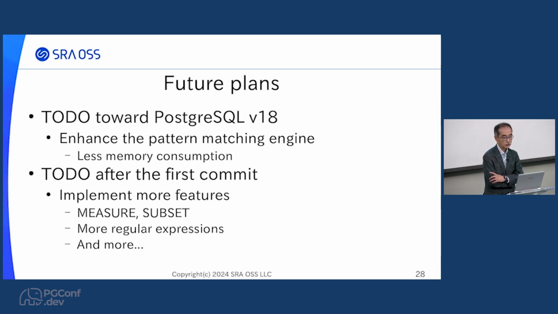Now here are the future plans. As I already said, the current implementation is targeting Postgres 18, hopefully. But I think I need to enhance the patch in terms of memory consumption.